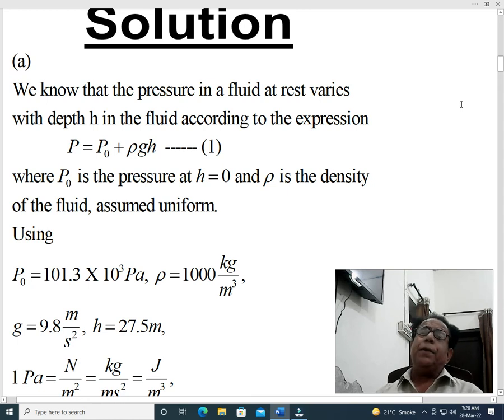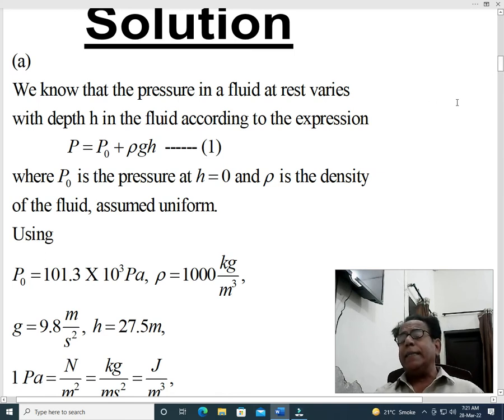Number 1, data which is expressly given in the statement. Number 2, data which is required to be determined in the statement, and number 3, data which is not provided in the statement but it is provided in the table of physical constants in appendix at the end of almost all textbooks of physics. What I have said?